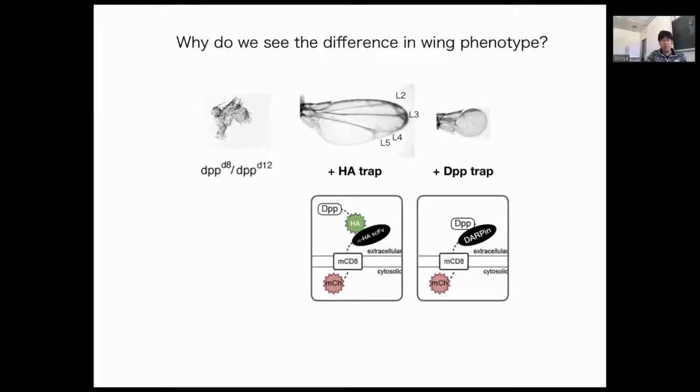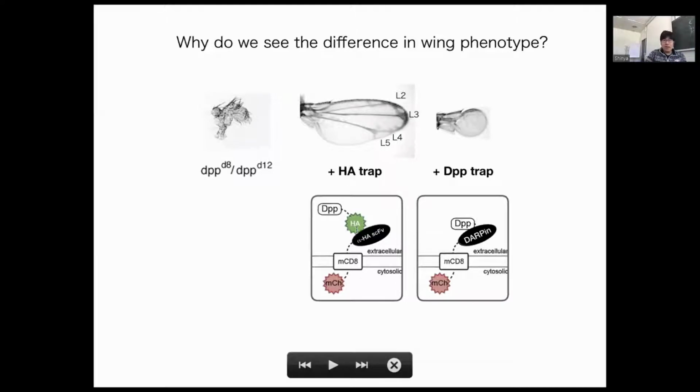HA trap, of course, binds to the HA tag and not DPP, but DPP trap is a direct binder against DPP. If you remember, maybe from Marx's lecture, how DPP acts as a ligand and binds to the receptor to activate signal.